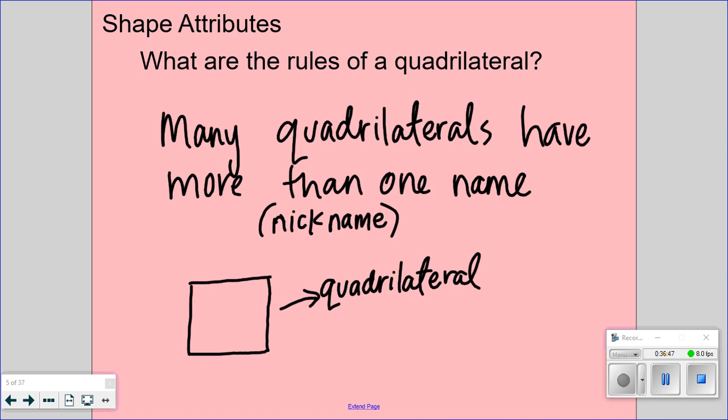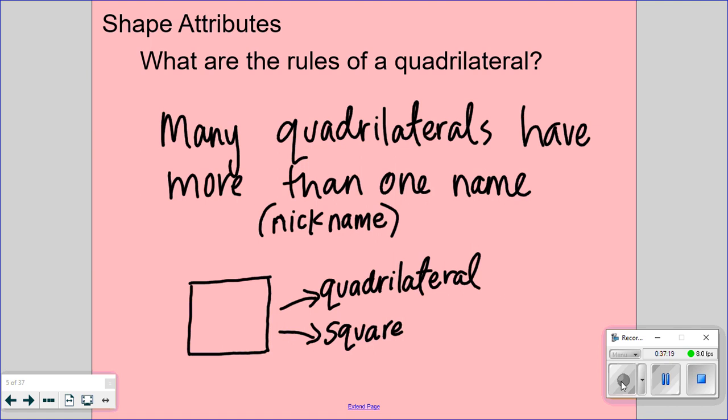However, some of you probably also know this shape by its other name. How else would you say this shape? It's got another name. Raise your hand to tell me. Julian, what else would we call that shape? Square. Yeah. Now, none of these names is wrong, but one is a better name, which means it's more specific.